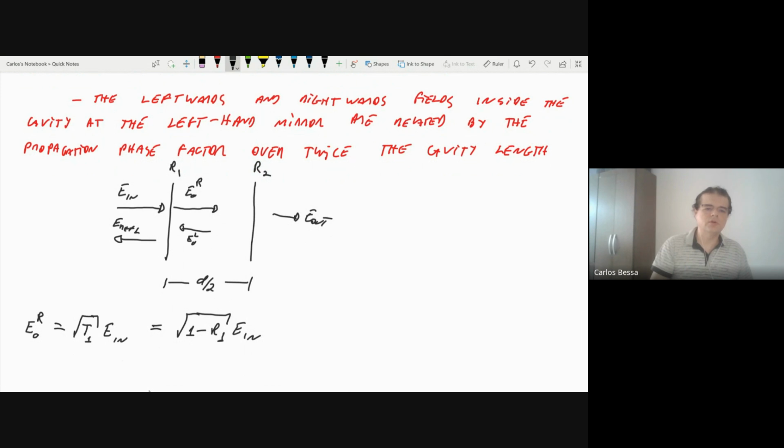And the other one, traveling to the left, E0 left, by convention the reflective part will have a negative sign. This was reflected in mirror 2, so R2, but what was reflected was E0 R. So E0 left is the part that was reflected from E0 R.